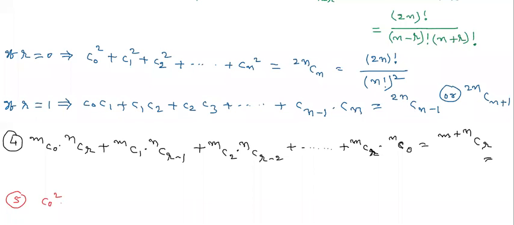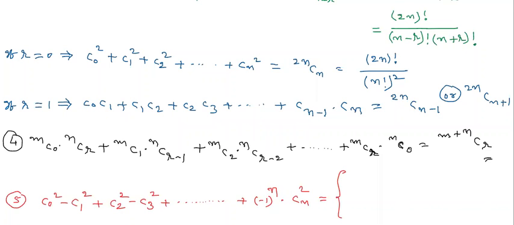C0 square minus C1 square plus C2 square minus C3 square plus and so on and so on, minus 1 whole power n into Cn square, that is equal to minus 1 whole power n by 2 into nCn by 2, when n is even.